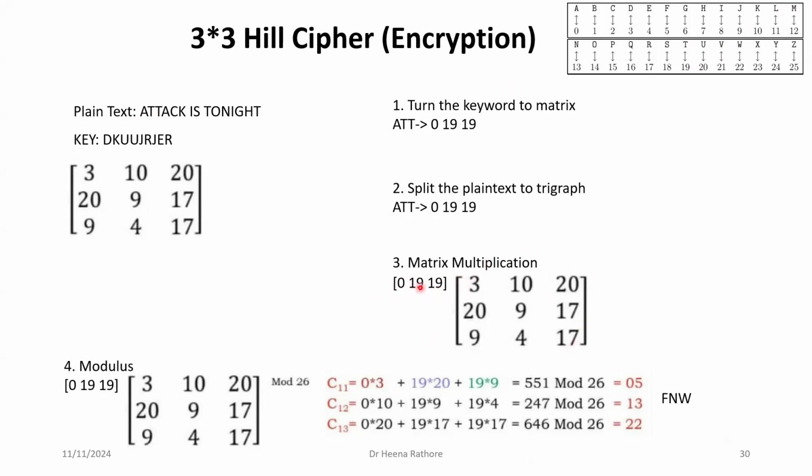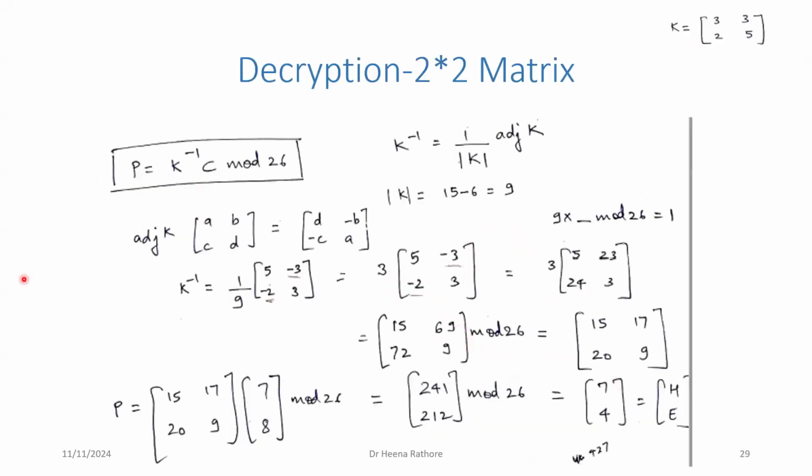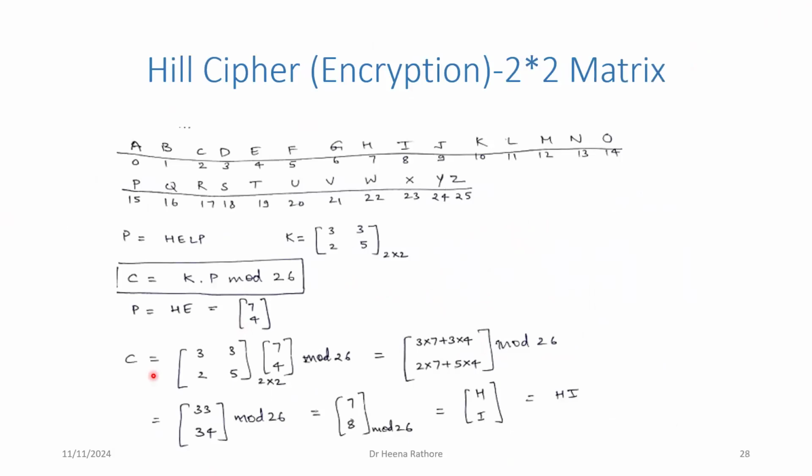So you will multiply 0 times 3 plus 19 times 20 plus 19 times 9. This is row versus column multiplication. In the previous example, I was doing this row versus this column.